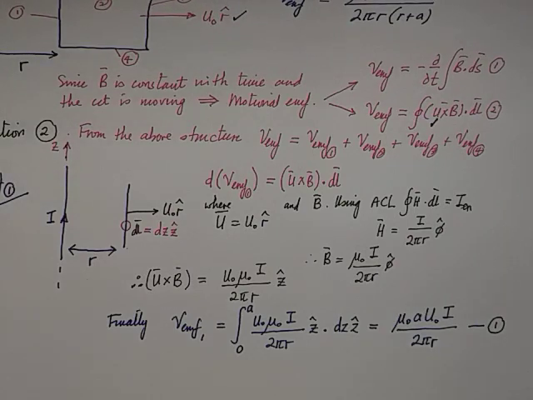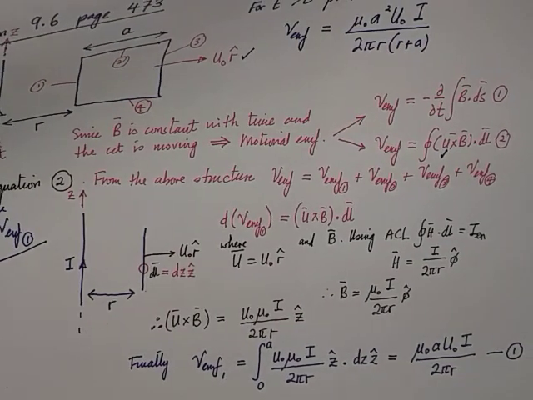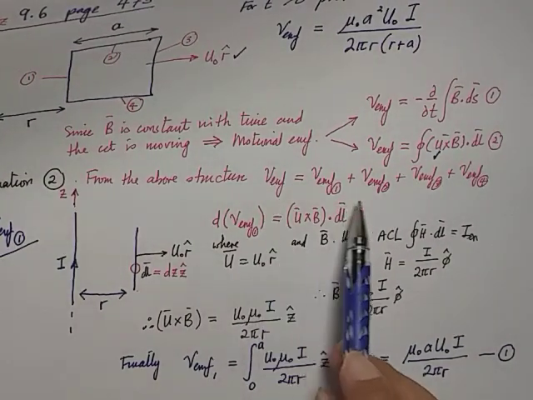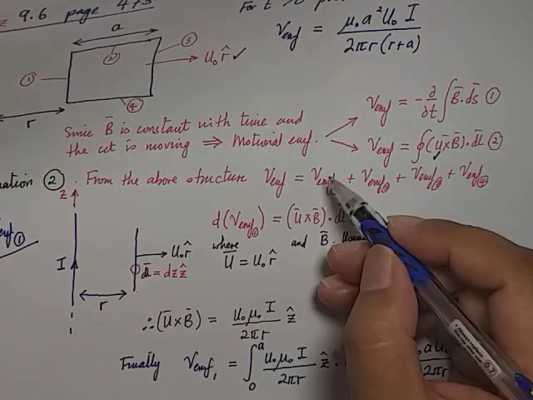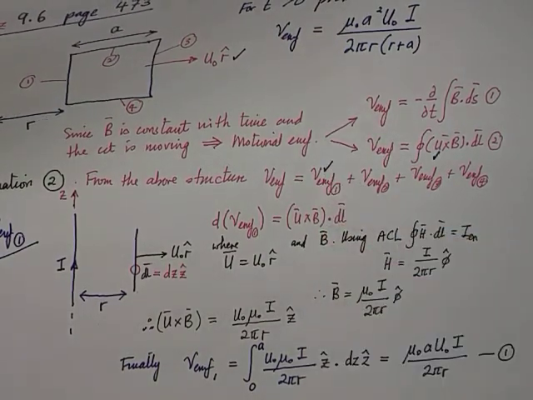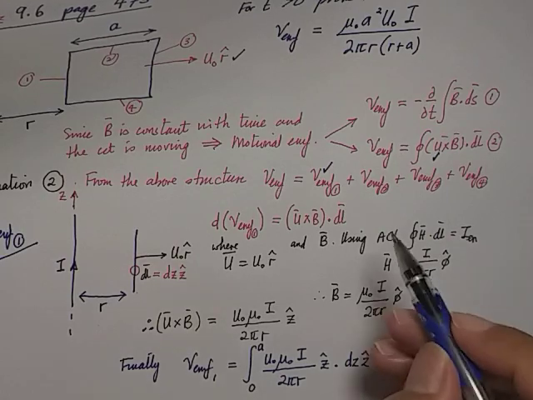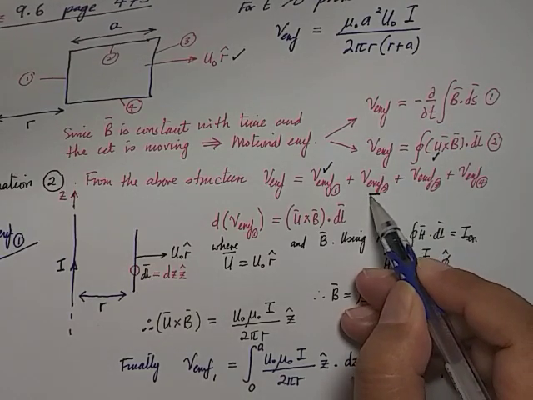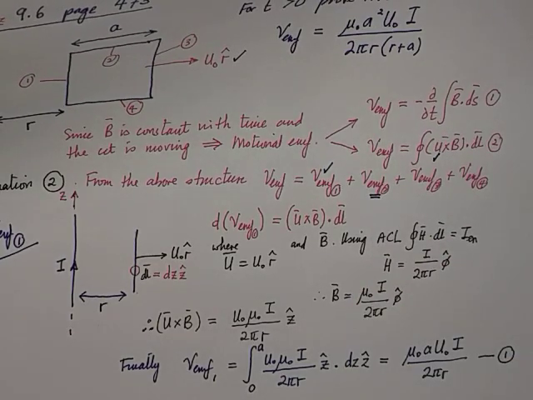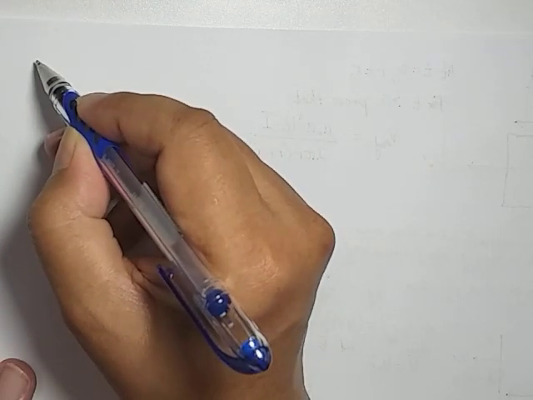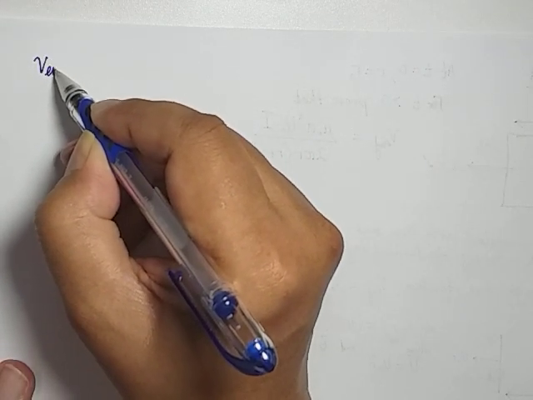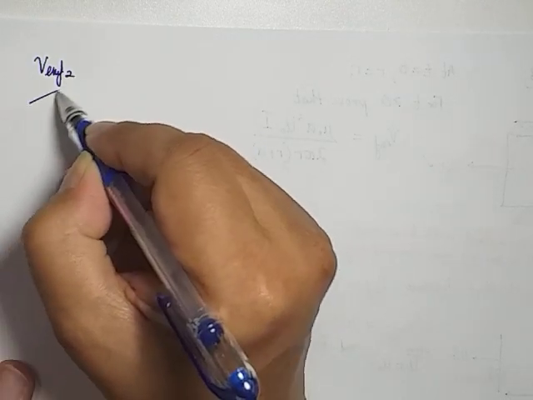Okay. So now what we should do then, we're going to go back to our initial plan we have done for this particular part. We're going to continue with the second part now, finding VEMF number 2.